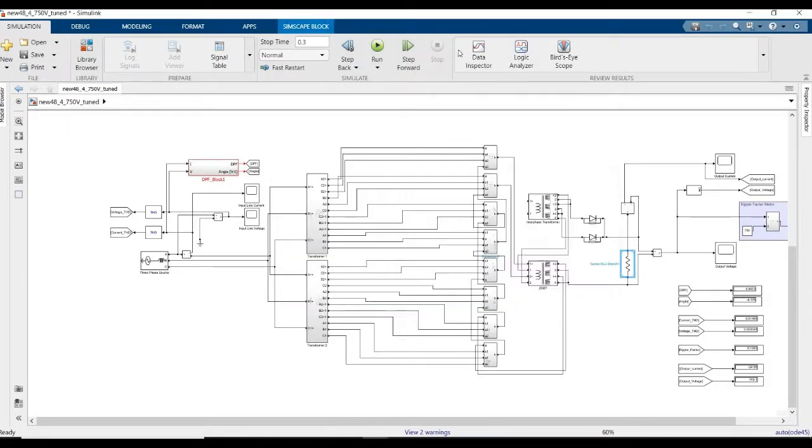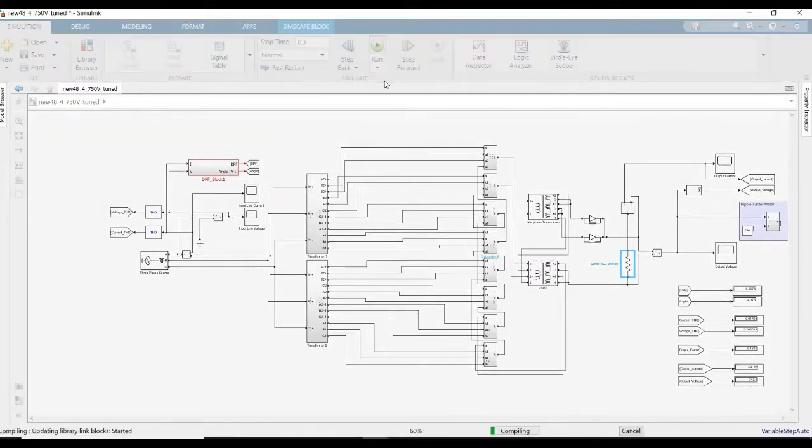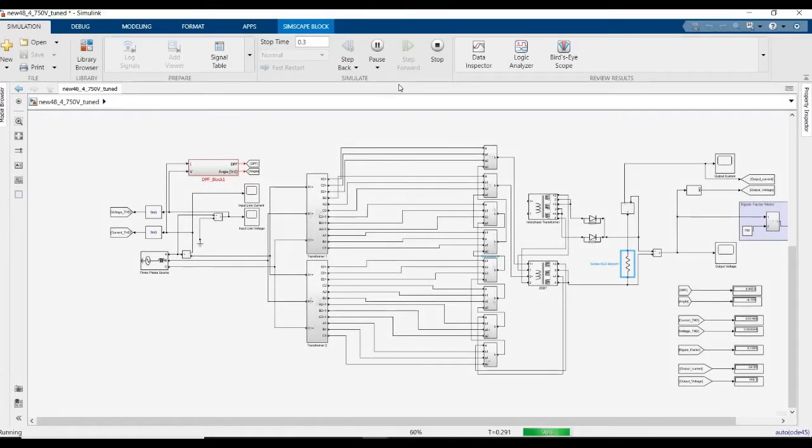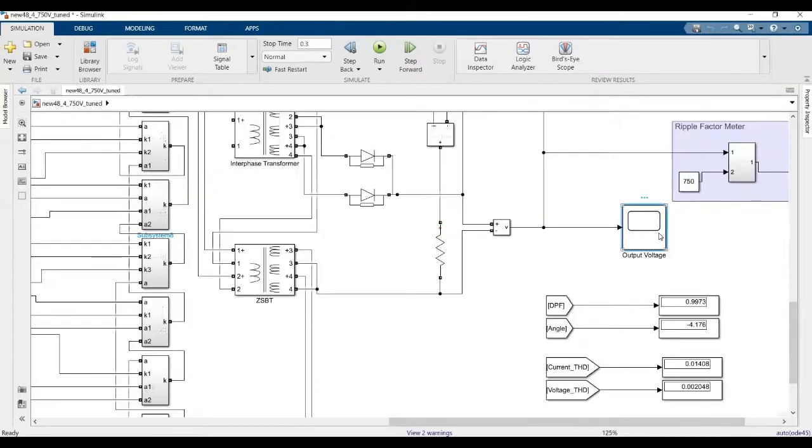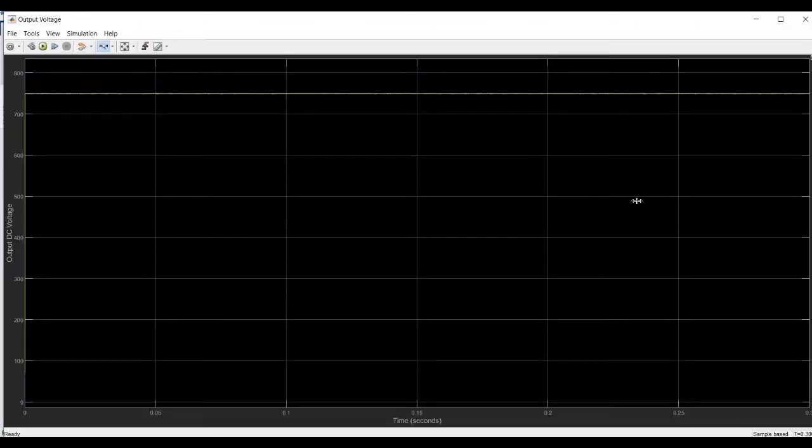After setting an appropriate resistance value, we can evaluate the performance by running the simulation. It will take several minutes to run. Then we can obtain the intended performance values and the required waveforms.